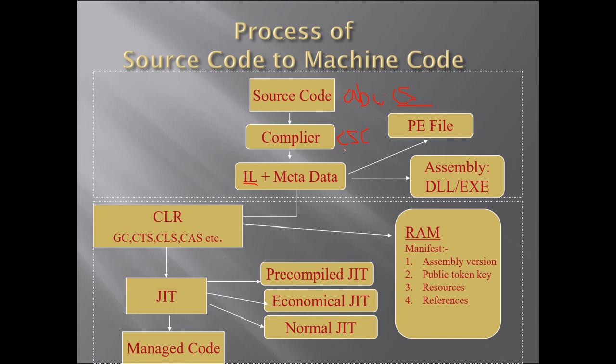Why does .NET choose that kind of process? Because the .NET framework supports multiple languages, and each language has its own compiler based on its syntax, its programming structure, and its uses.